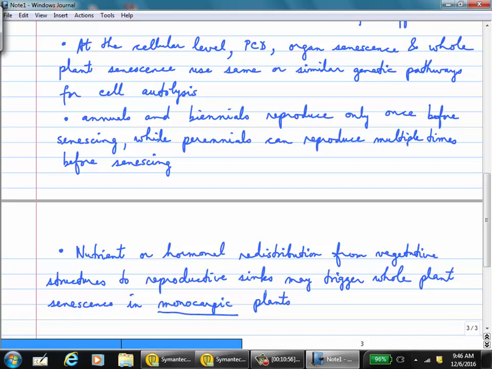And these are plants that reproduce only once during their lifetime.